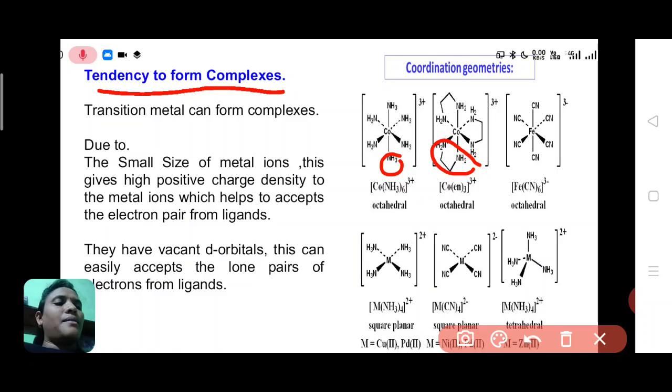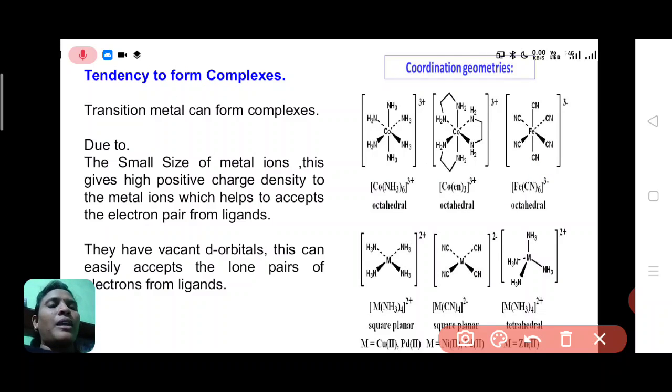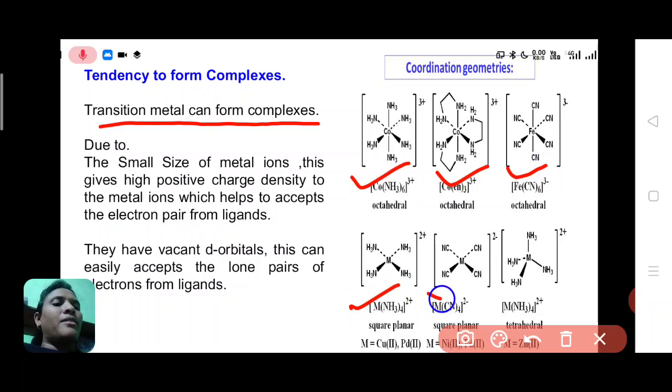Here cyanides are ligands. These are called ligands, and the central atoms are called metals. All these metals are transition elements. So these transition metals can form complexes, octahedral or square planar or tetrahedral.